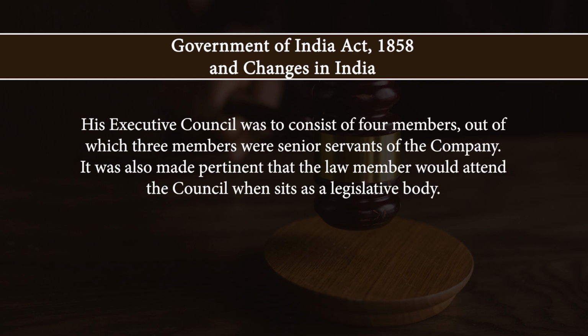Now, let's talk about the changes that were made in India. The Government of India Act of 1858 brought many changes in the working and administration of India. The Governor General was given the additional title of Viceroy, who was to act as a representative of the Crown with independent Indian princes. His executive council was to consist of 4 members, out of which 3 members were senior servants of the company.